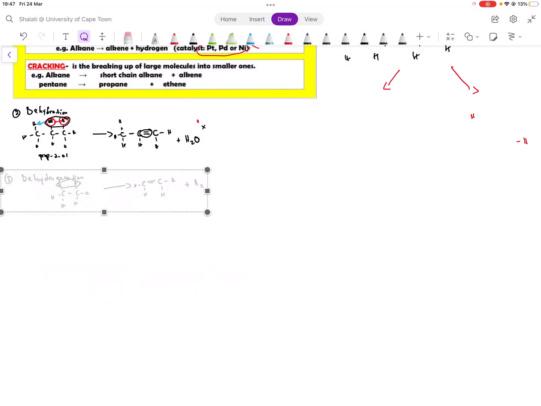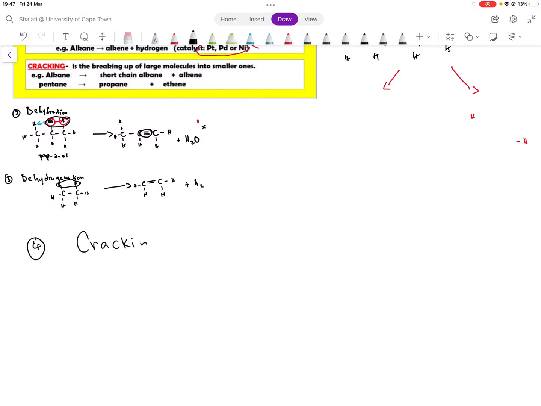So let's do cracking. So you start up with large molecules, then you end up with smaller molecules. For example, here they gave an example and they used a pentane.